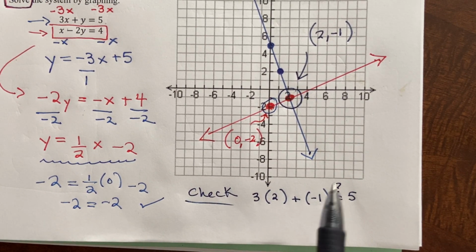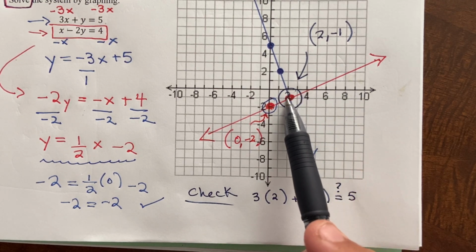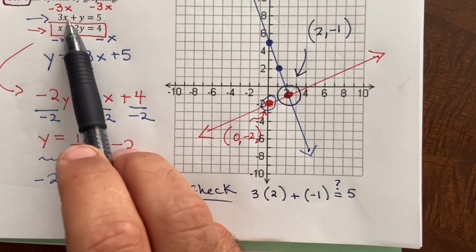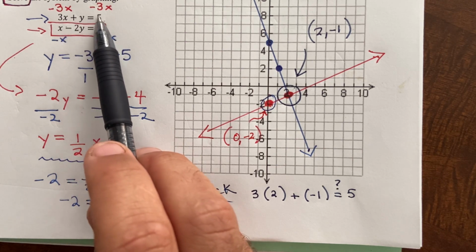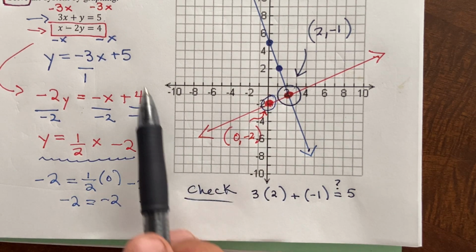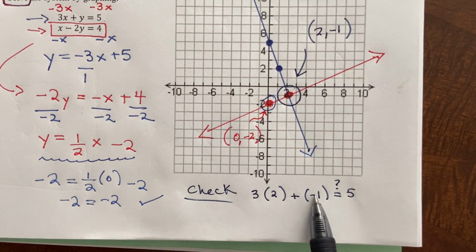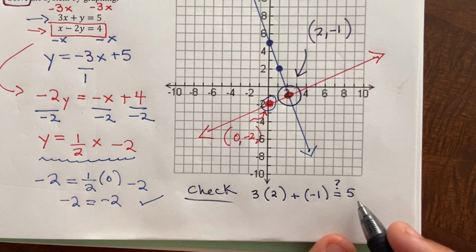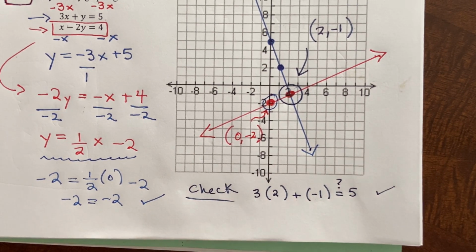What did I just do? I'm plugging this point into the first equation here, as it originally was. So 3 times my x, plus the y, right? Is this true? 6 plus -1, is that 5? Yes, that is.